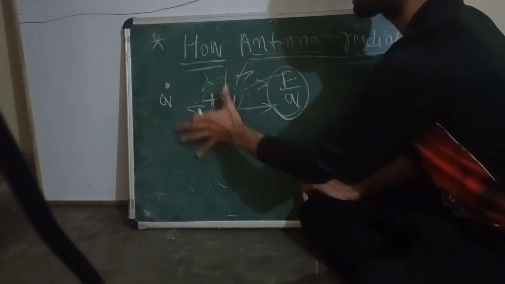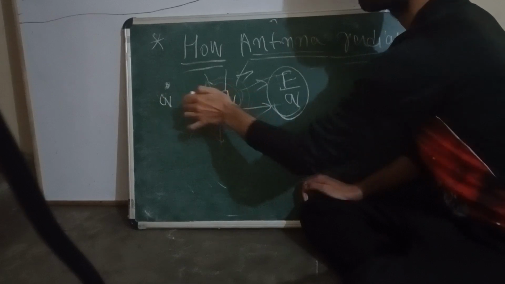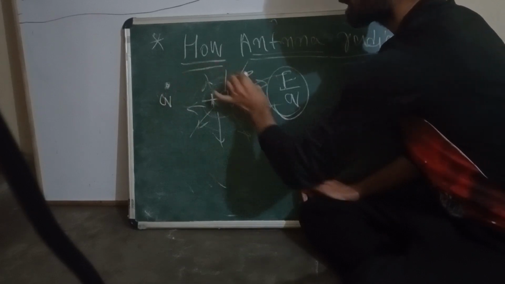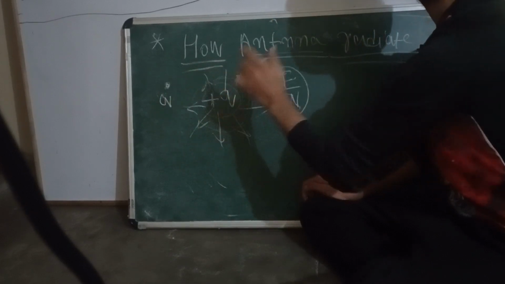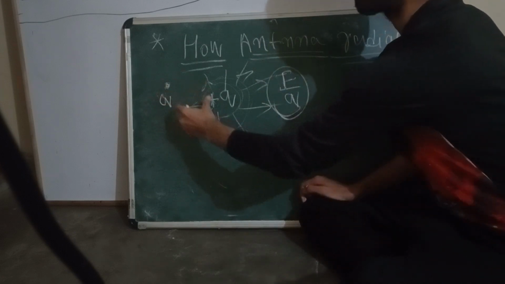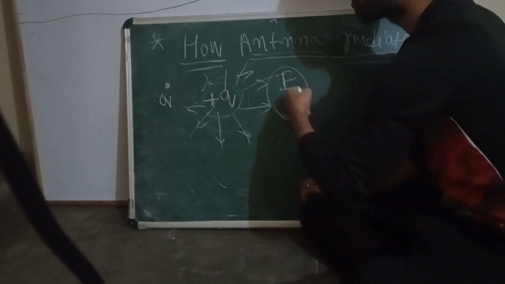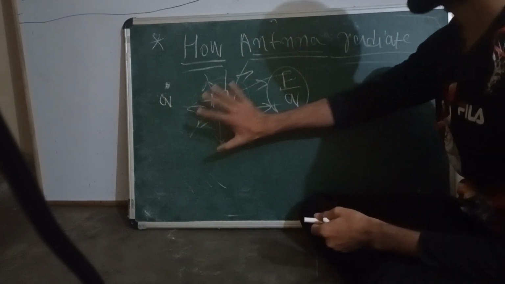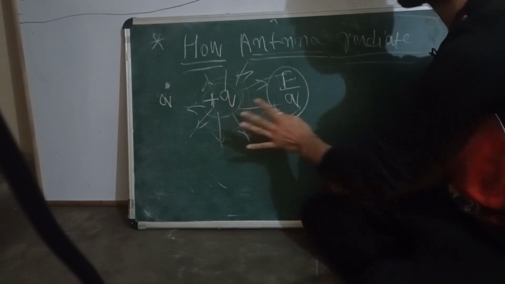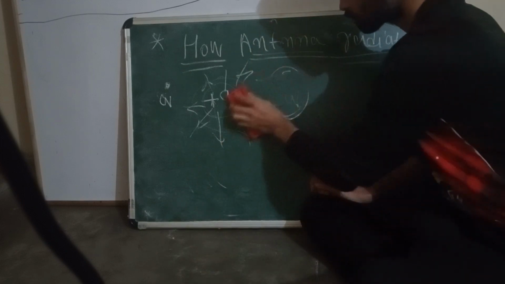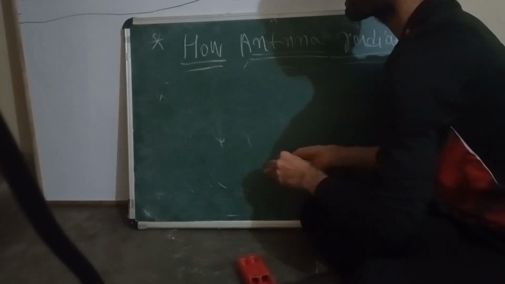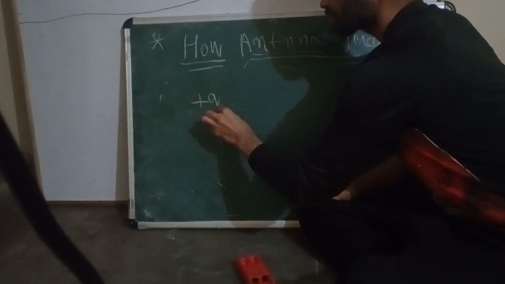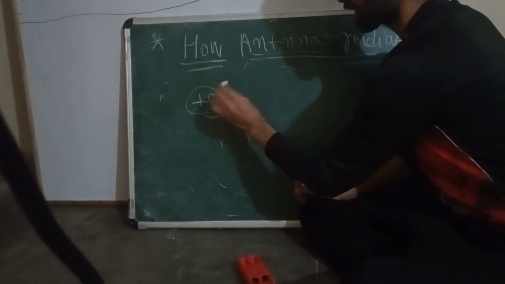How much force is there when any other charge comes in the surrounding of this charge? It will feel some force, and that force is nothing but a field. That is electric field, meaning force per unit charge. So we can say this is a charge at rest.